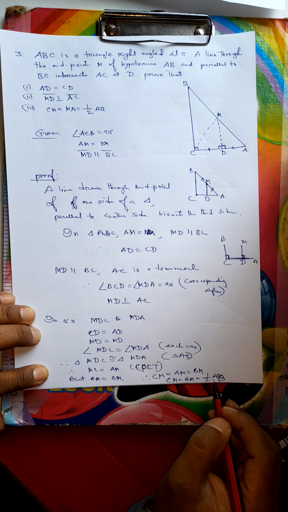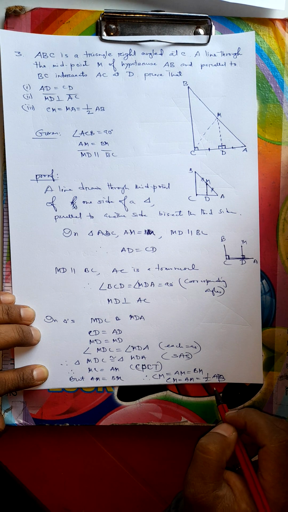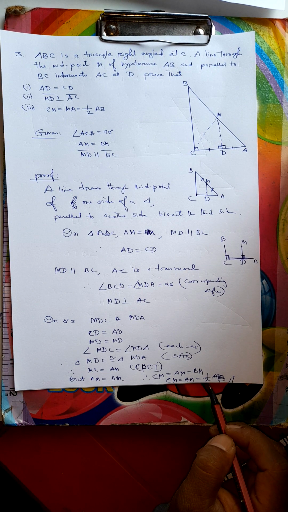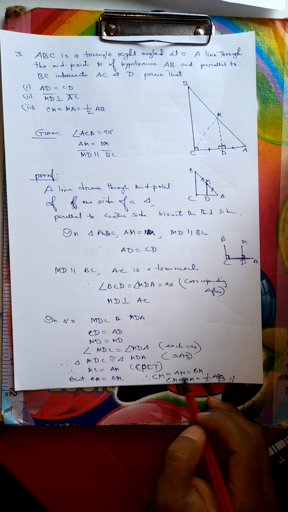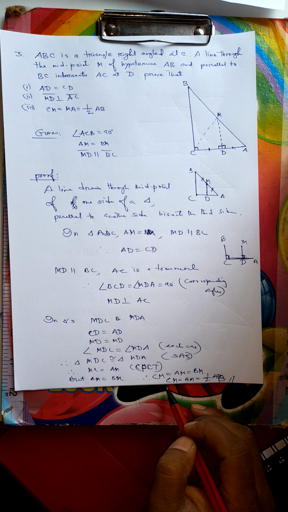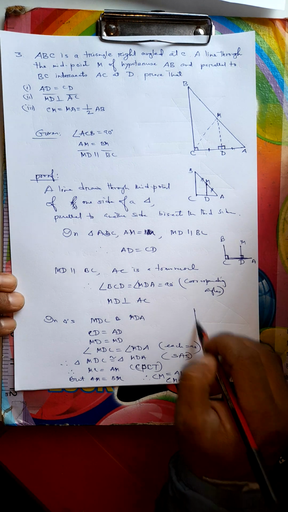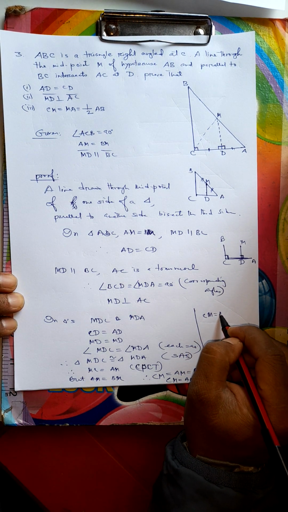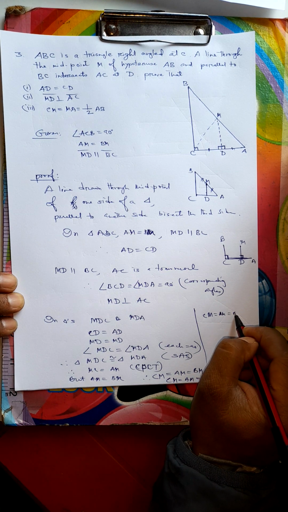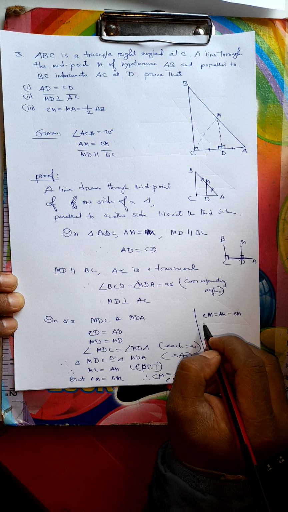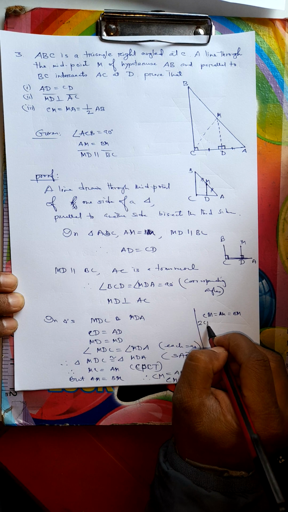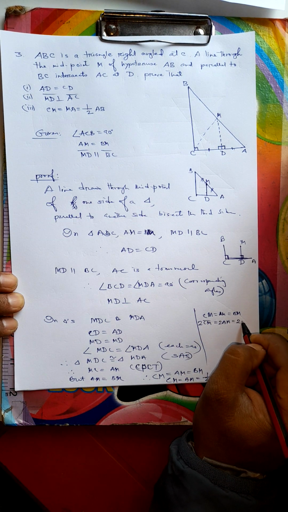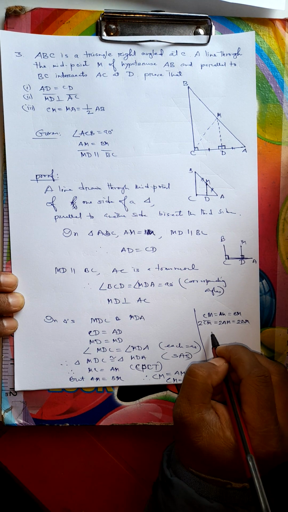All these three parts are equal, so twice of CM equal to twice of AM equal to twice of BM, right?